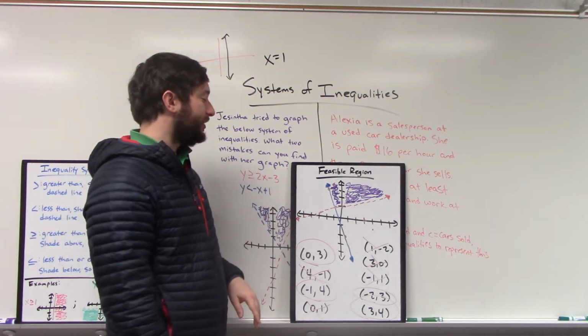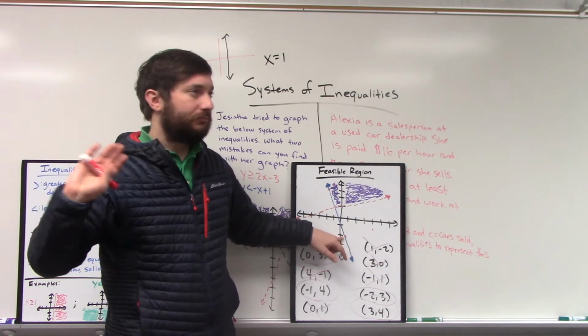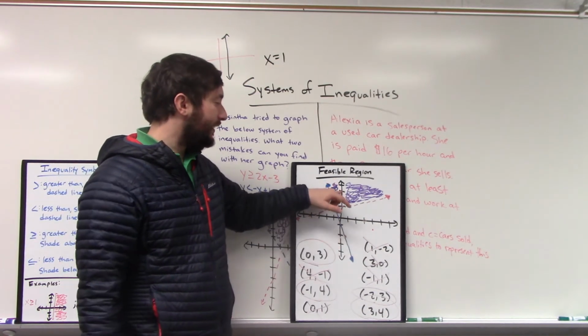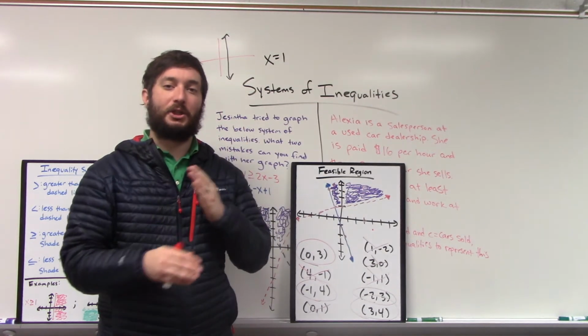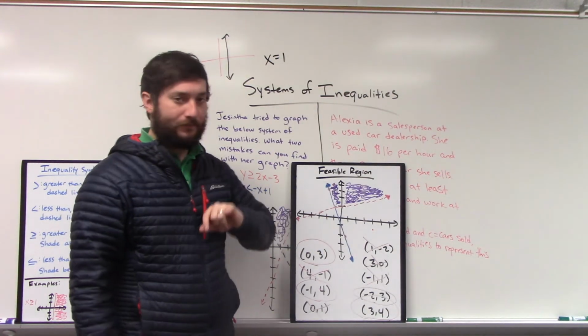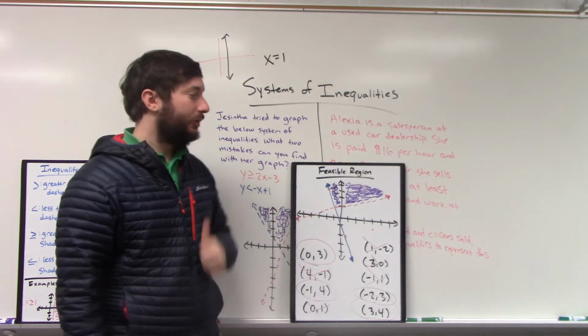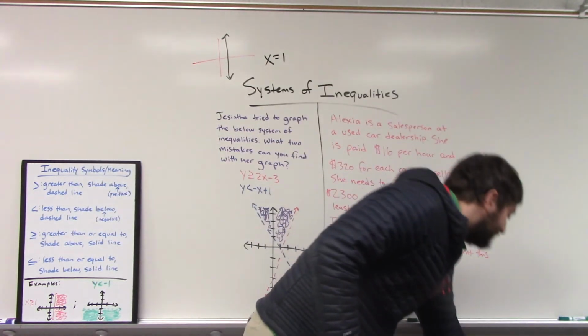Anytime you have something that falls on a solid line, and it's not next to the shaded region, not a solution. But if you have coordinate points that are within that overlapping shaded region of your inequalities, or if they're on a solid line next to that, and they're not on a dashed line, those are solutions. So those are some examples.